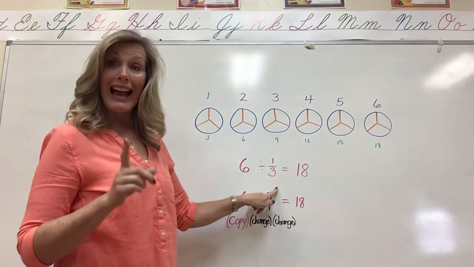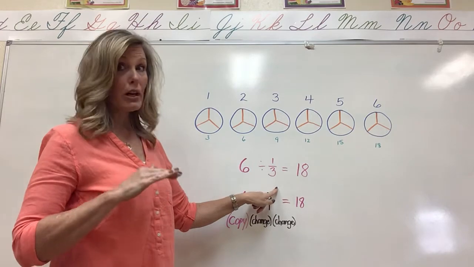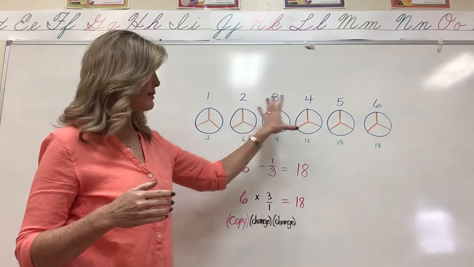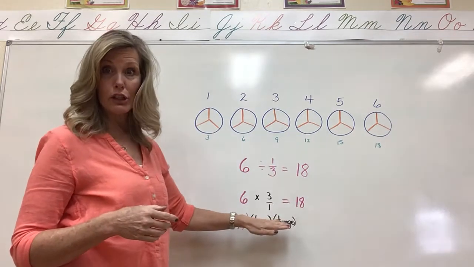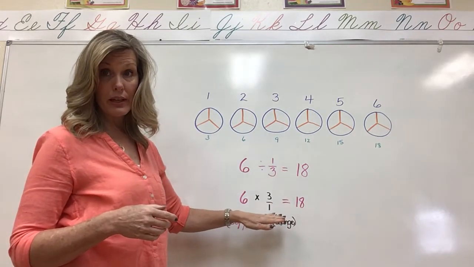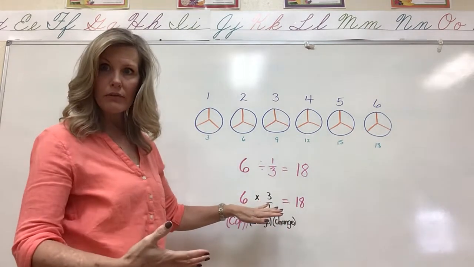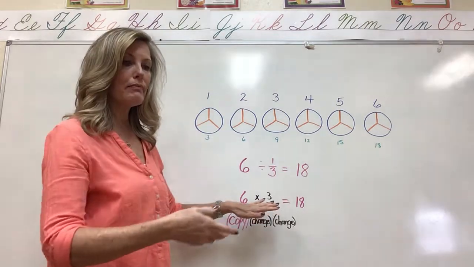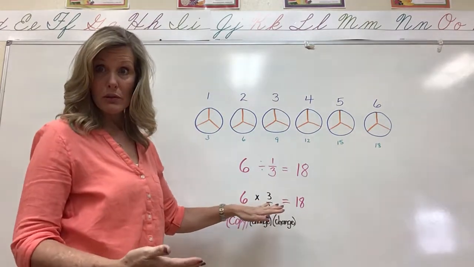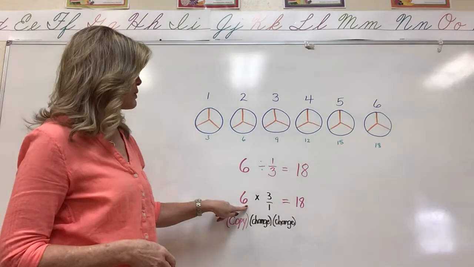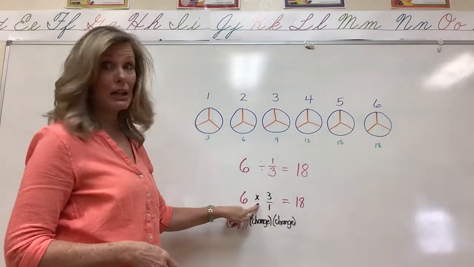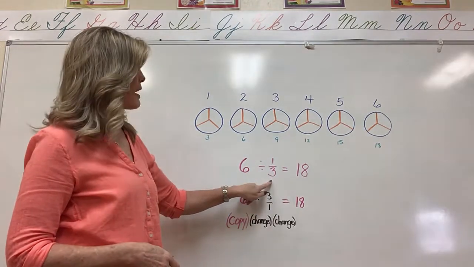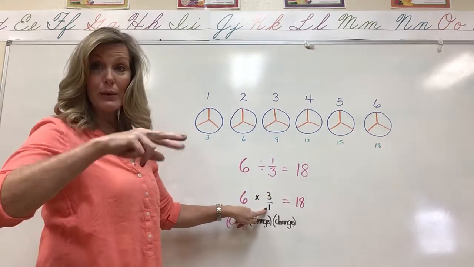Now, there's an algorithm. We've talked about this before, because this is how we do it, and then here's the simplified version. The algorithm, the formula we're going to follow, the rule, so to speak: I'm going to take my 6 wholes, and I'm going to multiply by the reciprocal.